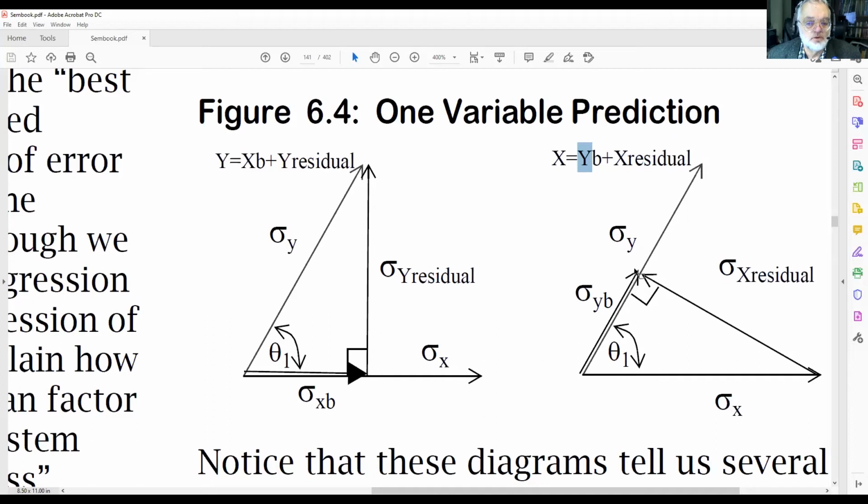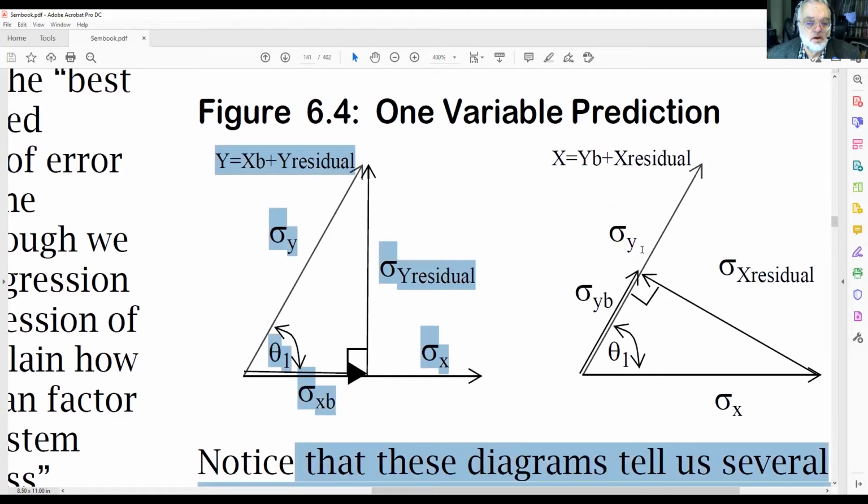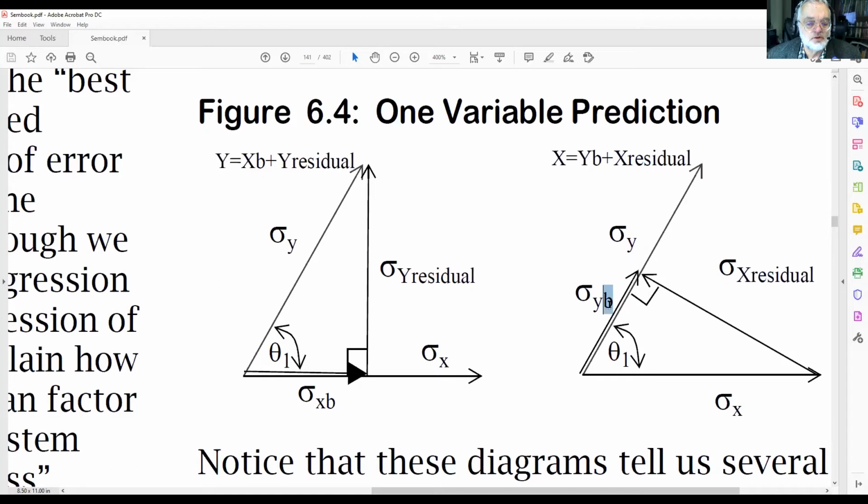Here's the length of y, and I'm going to have some coefficient that changes the scale of y so that it falls directly underneath x. That's why the unstandardized regression weight predicting x from y is different than the unstandardized regression weight predicting y from x.